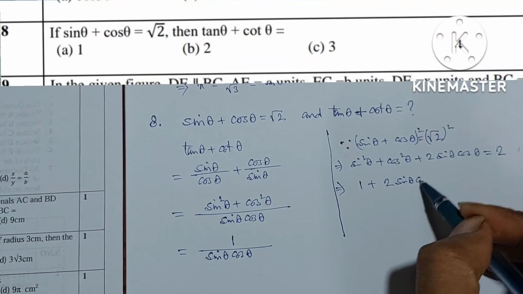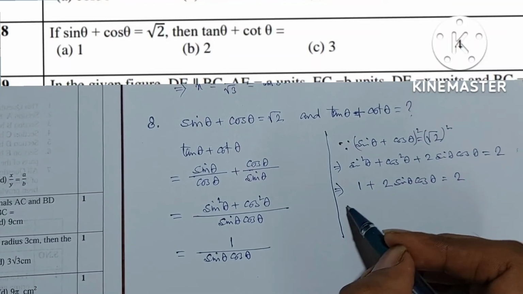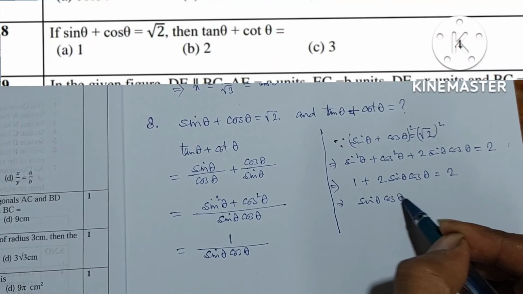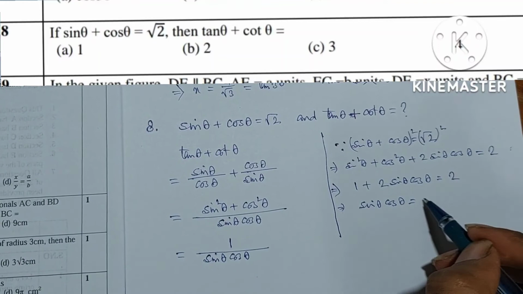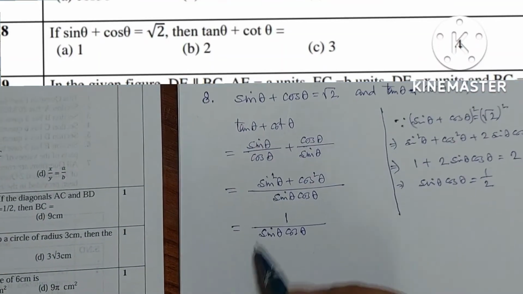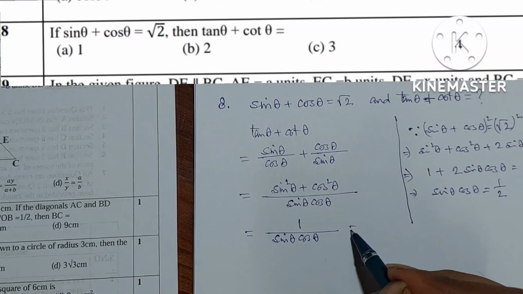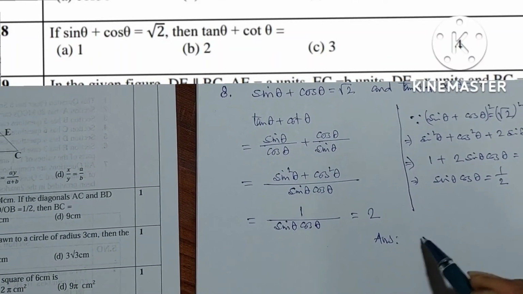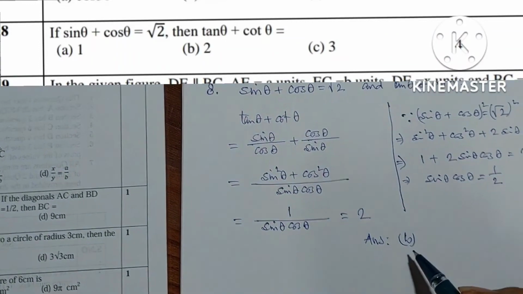So 1 plus 2 sin theta cos theta equals 2. So sin theta cos theta is equal to 2 minus 1, that is 1 by 2. So 1 by sin theta cos theta is equal to 2. So your answer is option B. Okay.